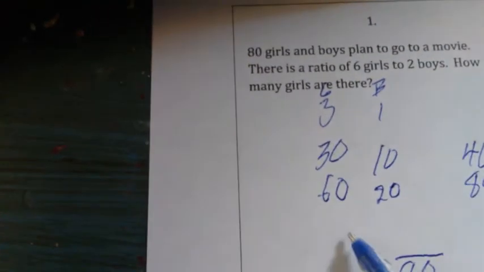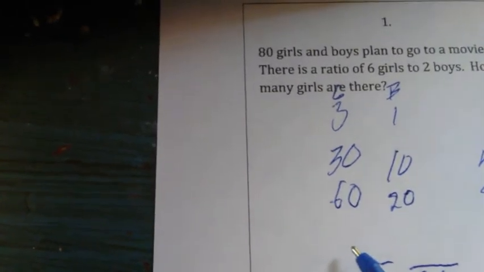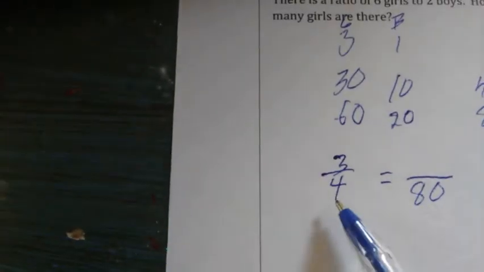If the ratio of girls to boys is 3 to 1, that means there's 3 girls out of 4 boys and girls, because this is the total. This is the total boys and girls. So this is the total in the ratio. 3 and 1 is 4. Out of 4 kids, 3 are girls. Now, how do you solve this? Well, it's like an equation. A ratio is like an equation.